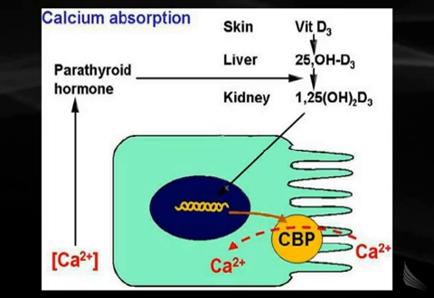Low calcium levels also result in the stimulation of release of parathyroid hormone, which promotes formation of 1,25-dihydroxycholecalciferol and subsequently increased absorption of calcium from the GI tract.